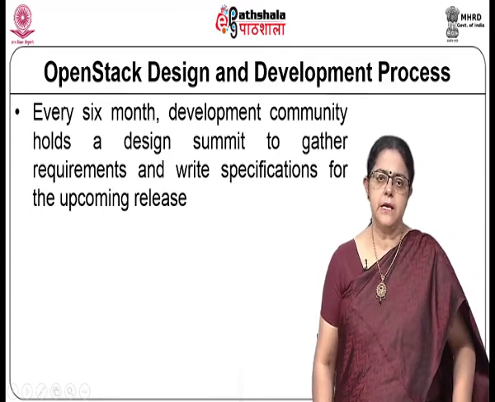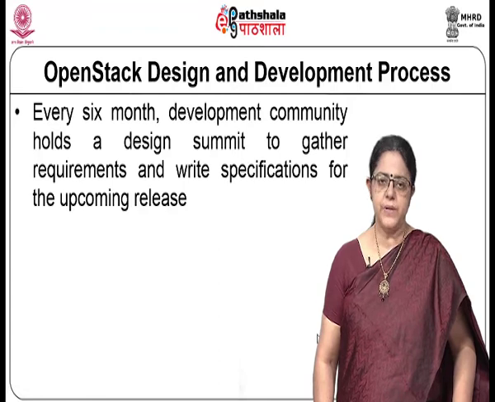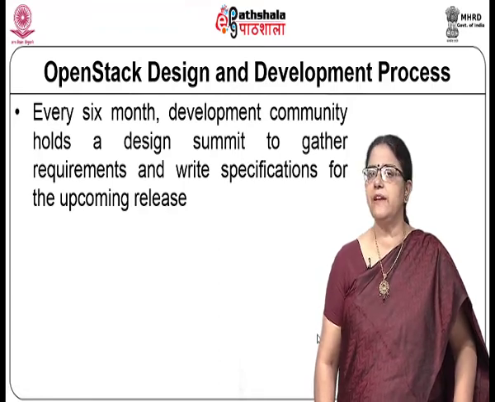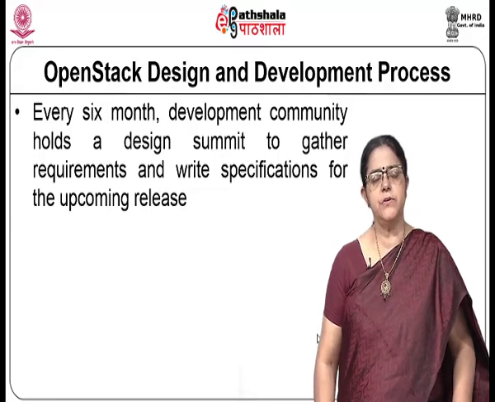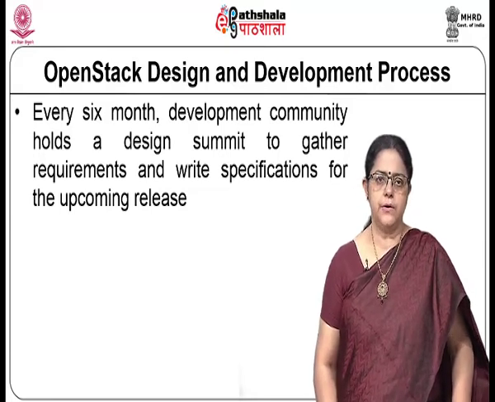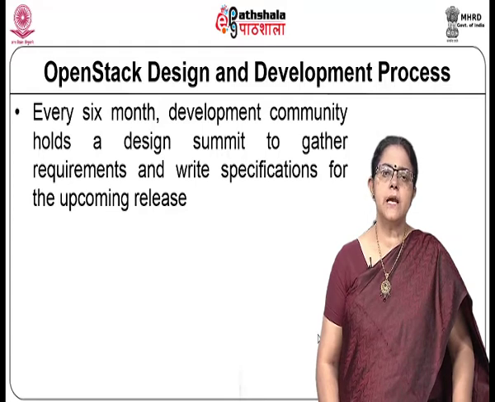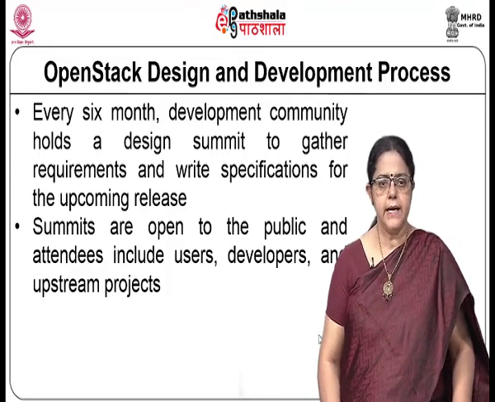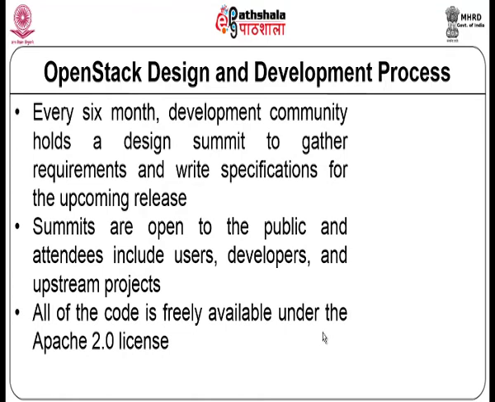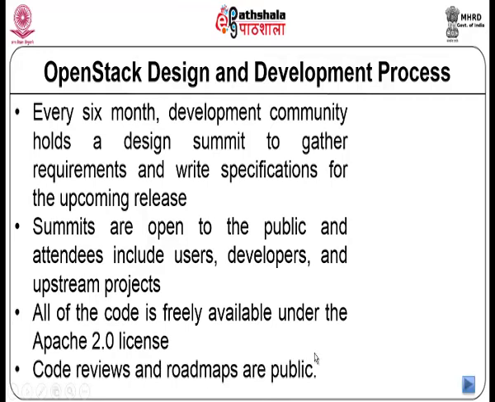Every 6 months there will be open summits, which are free for anybody who wants to join, and professionals all over the globe will join these open summits to decide the next development of OpenStack. Then the code, whatever will be developed, comes under the Apache 2.0 license, and it will be freely available to anybody who wants to use it.